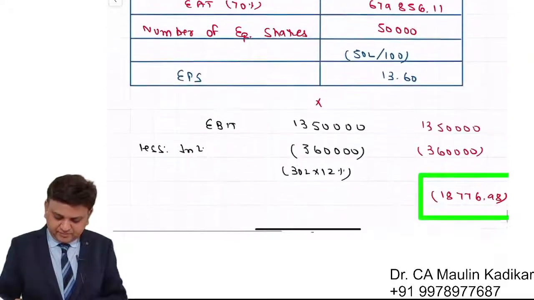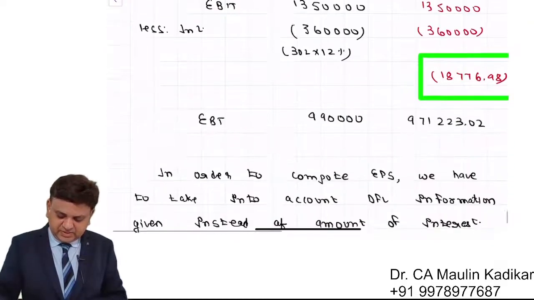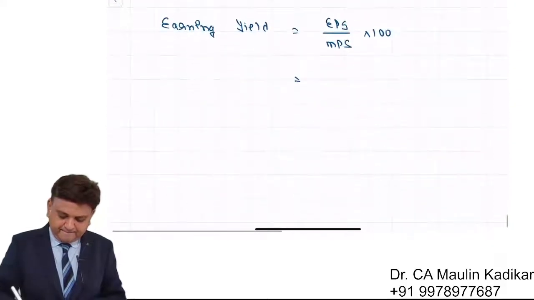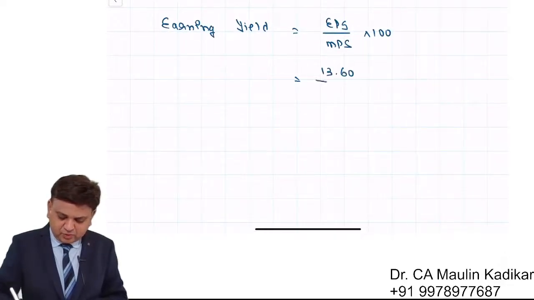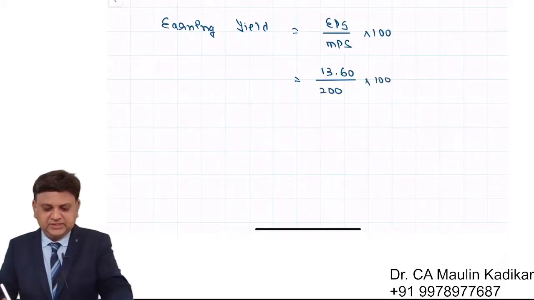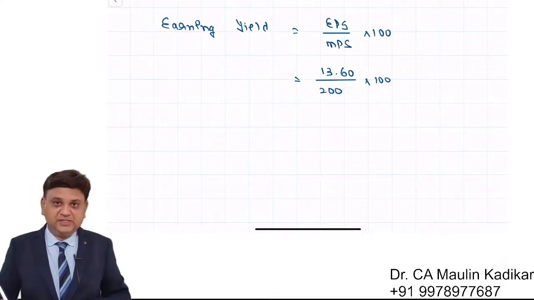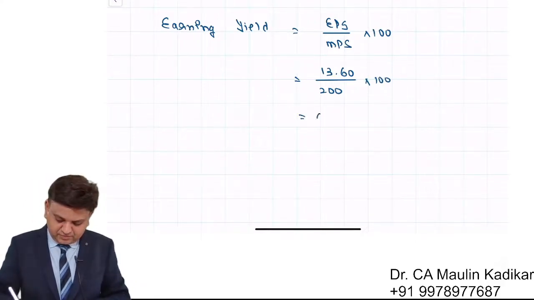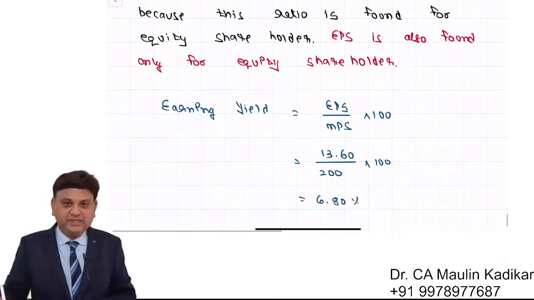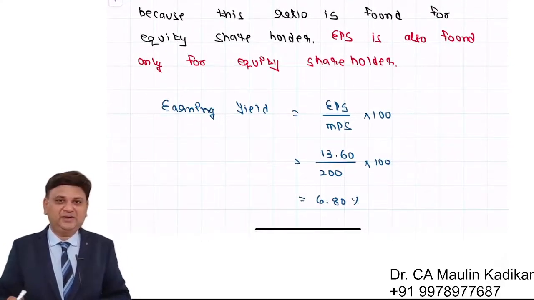EPS is 13.6 divided by MPS is 200, into 100 for getting answer in percentage term. So the answer is 6.80%. That is the way the earning yield is calculated.